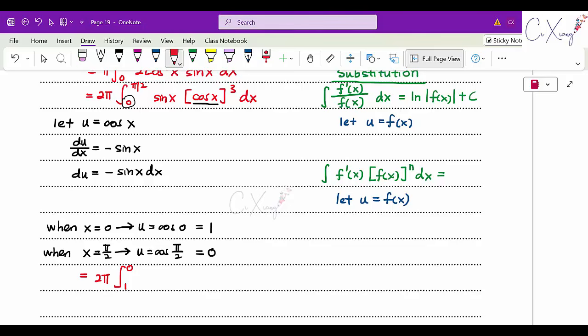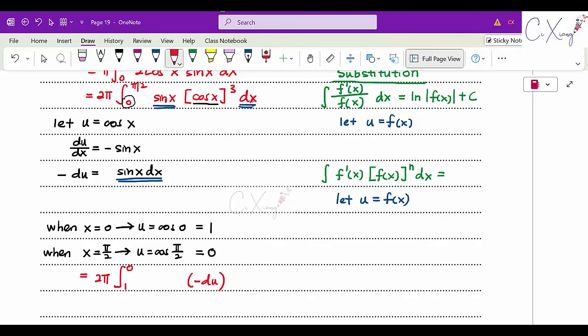Now, I want you to have a look at this one, sine x dx. Can you see sine x dx here? Sine x dx, you can replace it using negative du, since I don't have the negative, so the negative here I bring to the other side. So I put it at the last part where it is negative du.